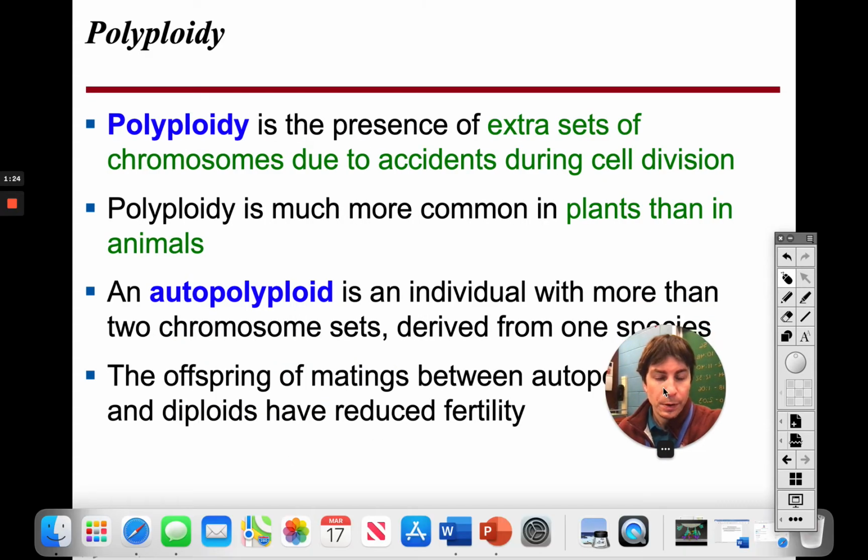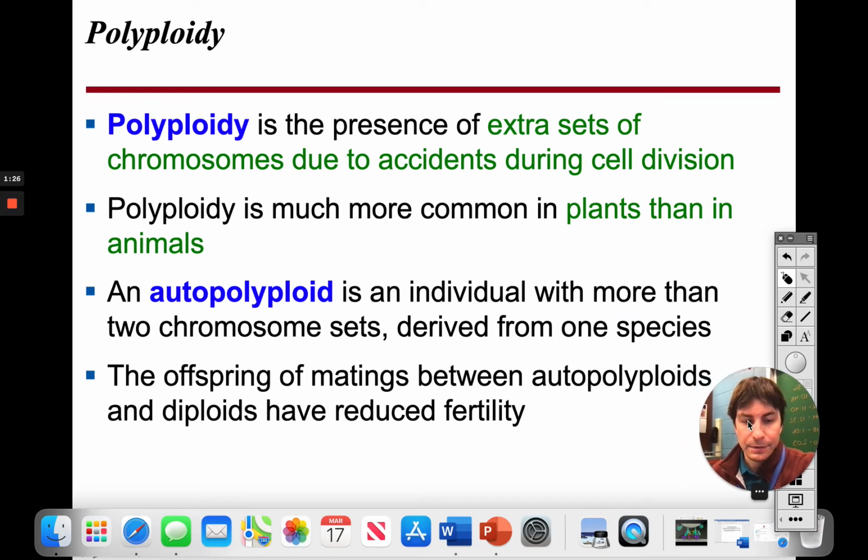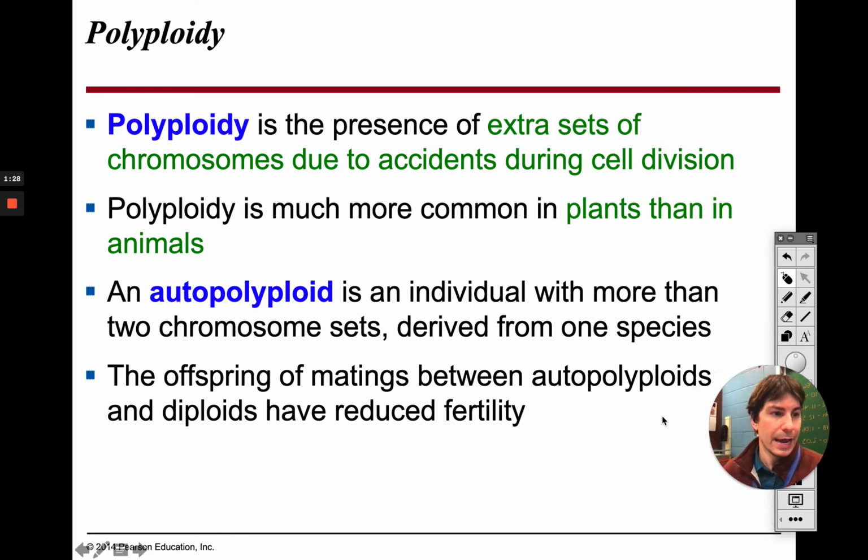So let's start off with polyploidy. If you remember, we went over diploid and haploid a while ago. When we're talking about diploid and haploid, this referred to the number of chromosomes we had. Haploid was one set of our chromosomes, or one of each. Diploid was two of each chromosome, so we had a pair of each.